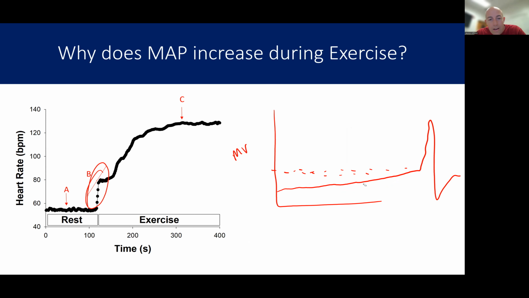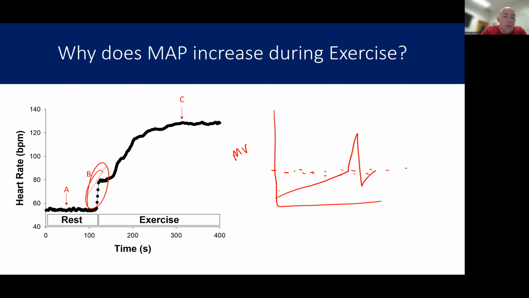So now it'll take you longer to reach threshold. Well, when you exercise, the first thing you do is take off the parasympathetic inhibition. So now you're going to reach threshold faster. That can get your heart rate up to about 100 beats per minute right away, just by taking the brakes off. The parasympathetic activity is slowing down your natural heart rate.